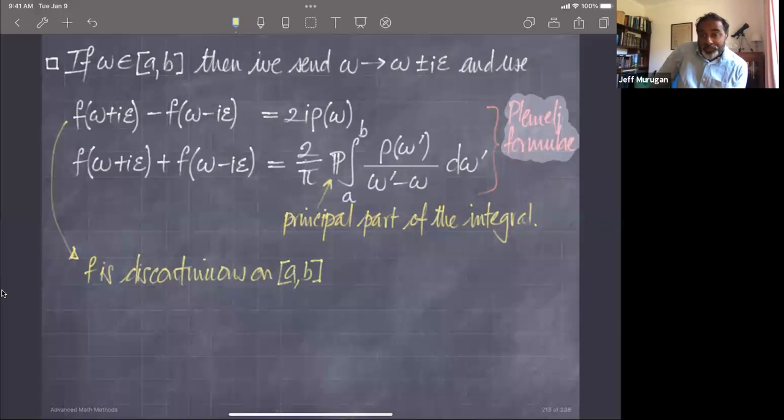And in addition, if the numerator of the integrand, this function rho of omega, is itself an analytic function on the line that joins a to b, then the line that joins a to b is actually a branch cut of f of omega. And the points a and b, the endpoints of that interval, are branch point singularities of the integral.